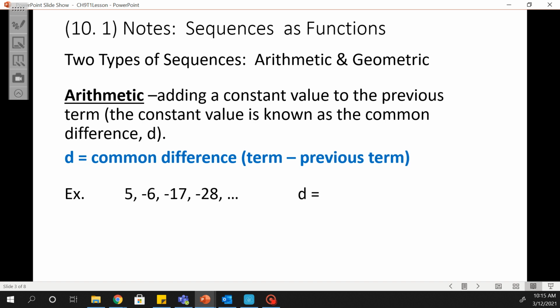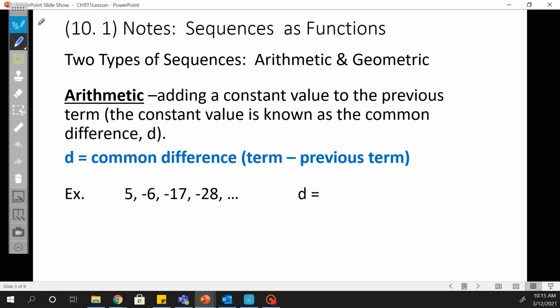You can find the common difference, D, by taking a term and subtracting the previous term. So in the following example, we have 5, -6, -17, and -28. To find the common difference, D, we would take a term and subtract the previous term from it. Any of these will do.